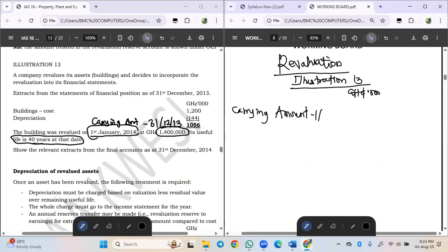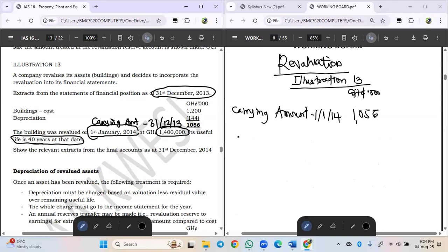On 1st January 2014, it's what? 1056. The one we have here is as at 31st December 2013, but this is also the same as 1st January 2014. And that is the date that they did the revaluation. Assuming they did the revaluation on 30th June, we have to calculate depreciation up to that 30th June before we can compare the carrying amount with the revalued amount.